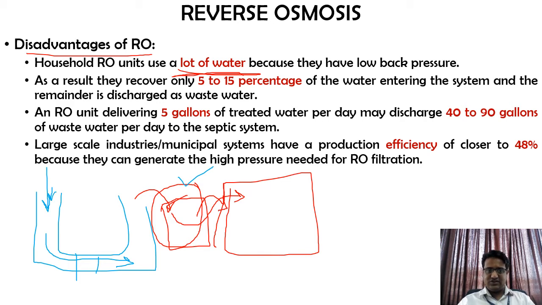So the quantum of passage is also very less. That's why you are having only 5 to 15 percentage of efficiency. But if you go for the large scale implementation of RO systems, which are locally available now in many of the towns and villages, there they keep the inflow pressure high, so that the quantum of water being passed through this membrane will be high. In turn, your efficiency will be closer to 48%.